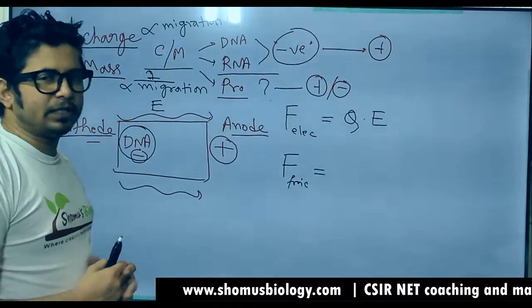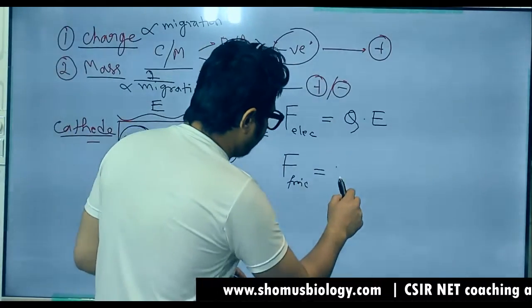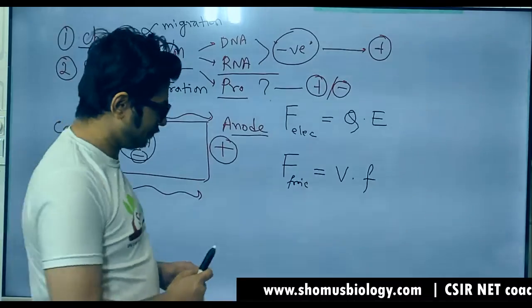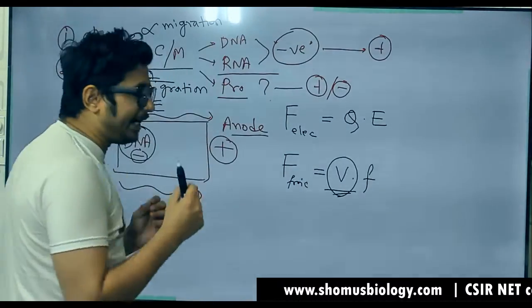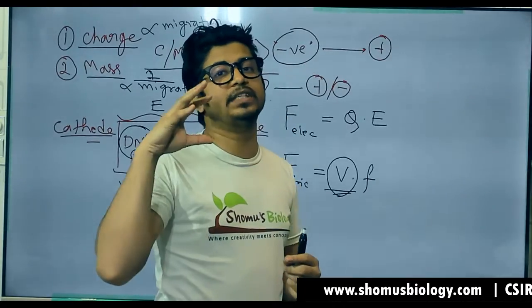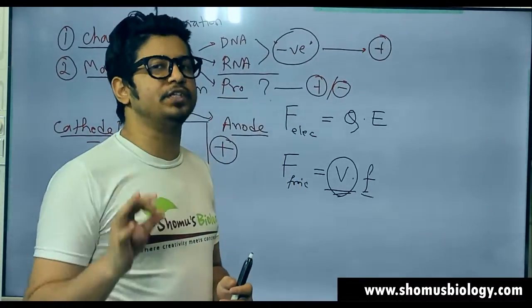The frictional force is dependent on V into F. Now what do we mean by V and F? This V is known as the rate of migration of the charged molecule, and F is the frictional coefficient.